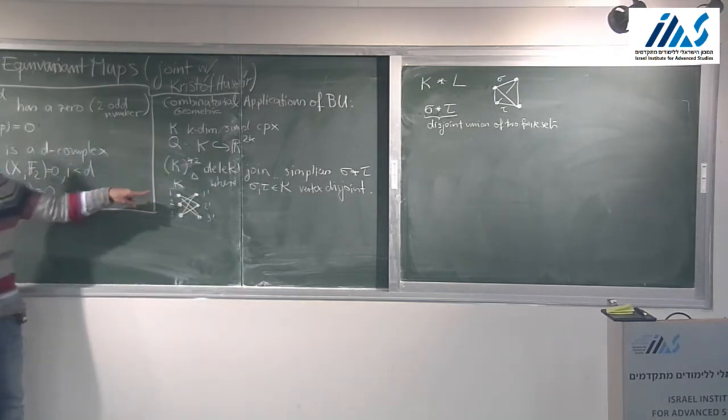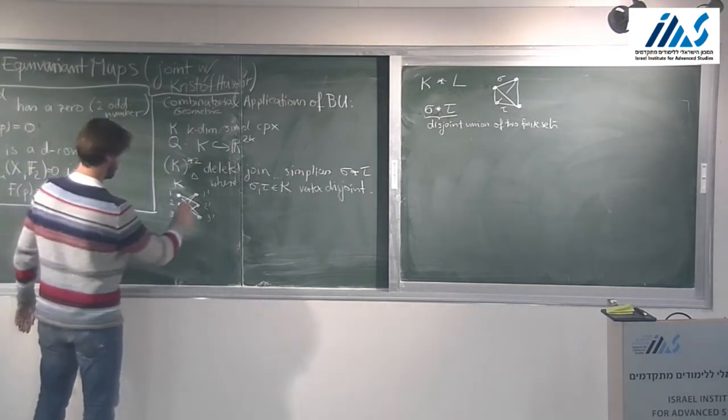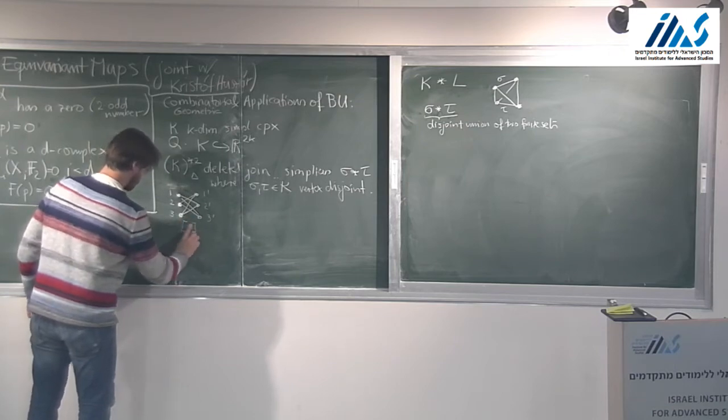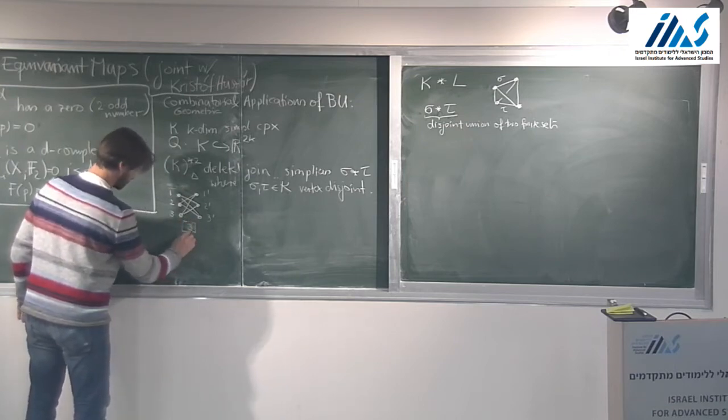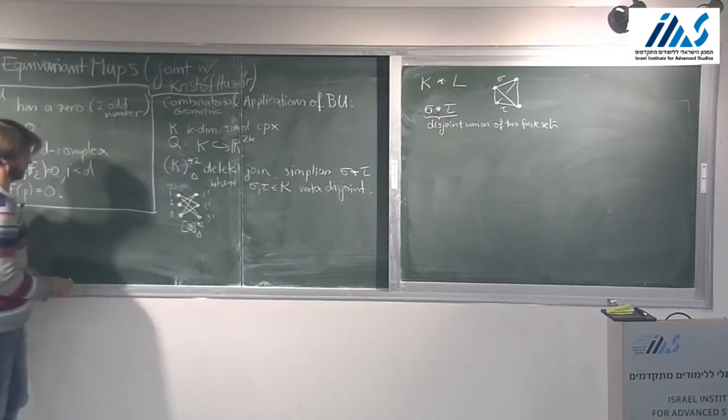So you get K3,3 minus a matching, or in other words, you get a 6-cycle. So this is the discrete zero-dimensional complex, and this is the deleted join.